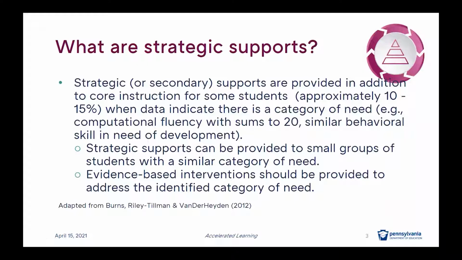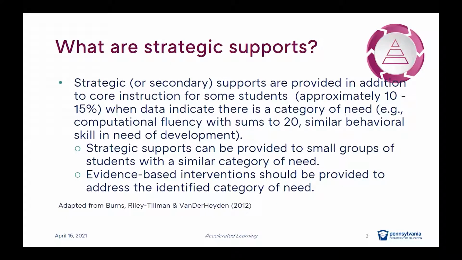So what are strategic supports? Strategic or secondary supports are provided in addition to core instruction for some students, approximately 10 to 15% of students, when data indicate there is a similar category of need.